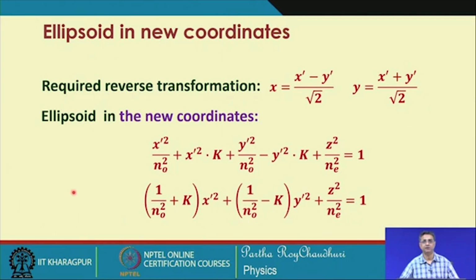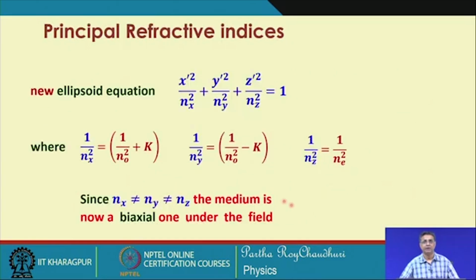So, that represents a biaxial system. The new ellipsoid in this case we can write as x prime square by n x square, y prime square by n y square, z prime square by n z square equal to 1. So, this is again the known form of the ellipsoid.